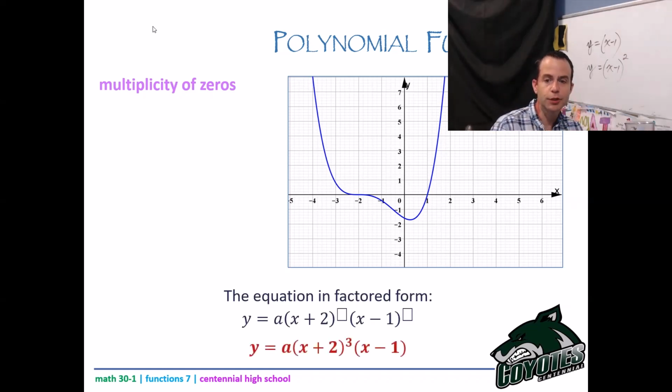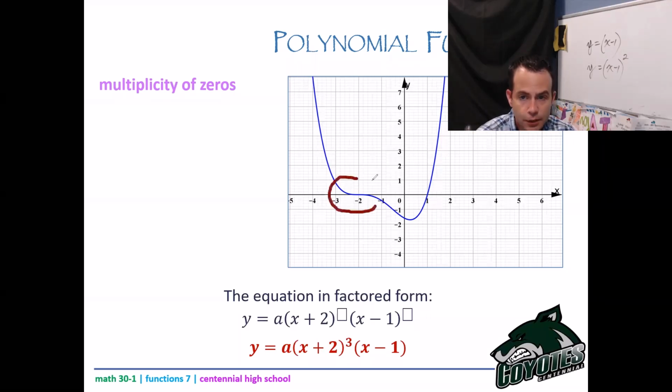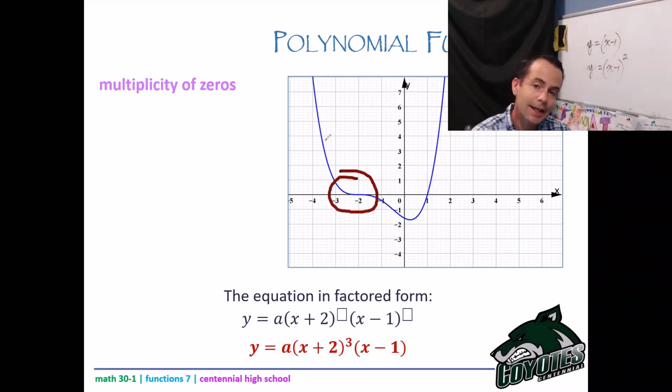Okay, and so you should have found that what worked was x plus 2 cubed and x minus 1. The x plus 2 cubed gave me this funky looking shape here. Now, that is a very funny way to behave. I'm not going straight through. I'm not turning around.